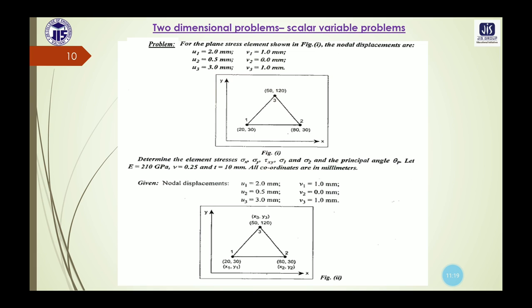Let us next discuss one more problem. Here it is given that for the plane stress element shown in figure 1, the nodal displacements are given: U1 is 2 millimeter, U2 is 0.5 millimeter, U3 is 3 millimeter. Then V1 is 1 millimeter, V2 is 0 millimeter, and V3 is 1 millimeter.